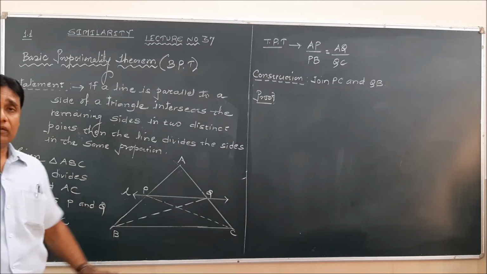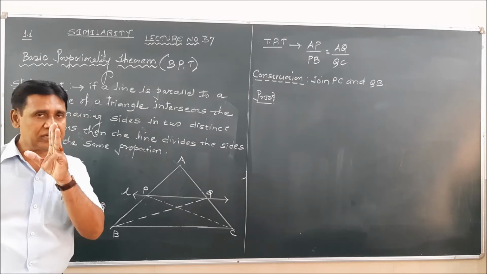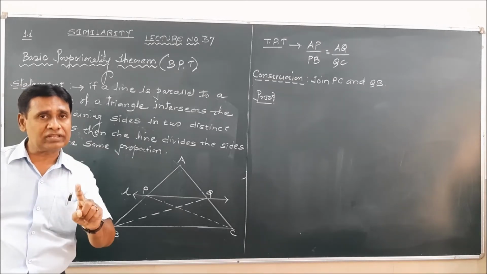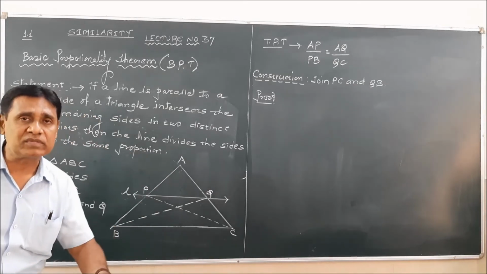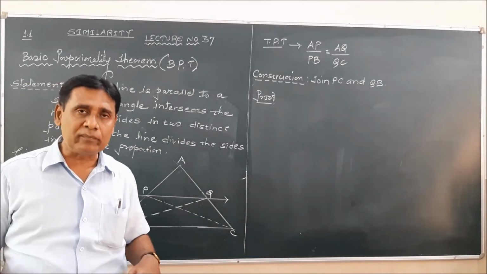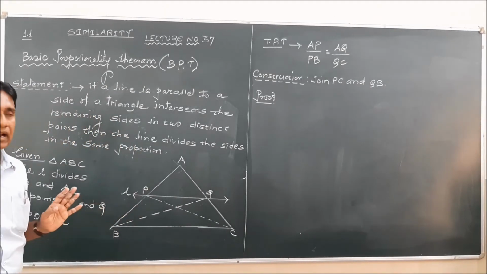And we have studied a very important property. Property number 3: when two or more than two triangles are drawn from the same vertex, their areas are proportional to their corresponding bases. Reason being, their heights are same.